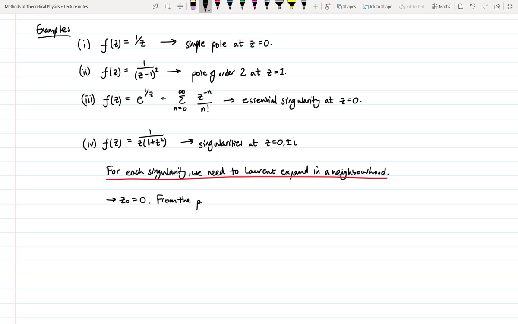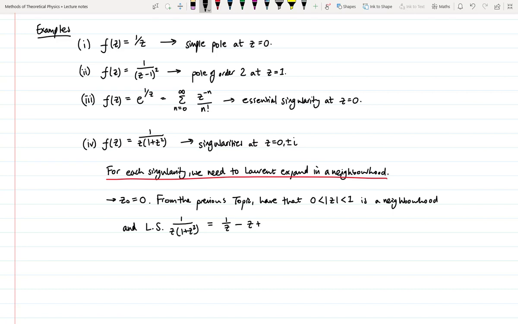From the previous topic, we have that this region, where the absolute value of z lies between 0 and 1, we saw was a neighborhood about this singularity, and we found that the Laurent series about that point of our function was 1 over z minus z plus z cubed, and so on.